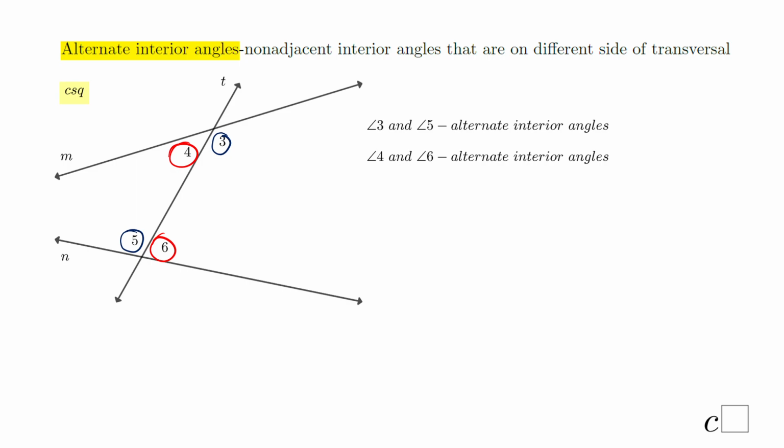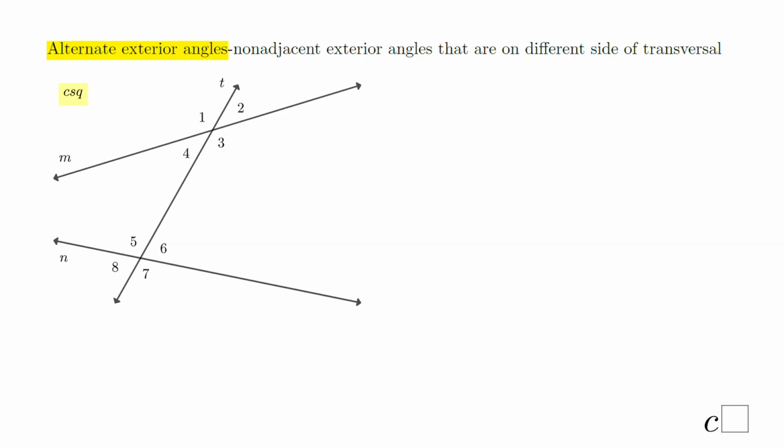Alternate interior angles. Let's take a look at the next one, which we call alternate exterior angles. So if you remember, which angles were exterior? 1, 2, 7 and 8. But alternate exterior angles are non-adjacent angles, kind of the same idea as the previous pair, that are on different sides.